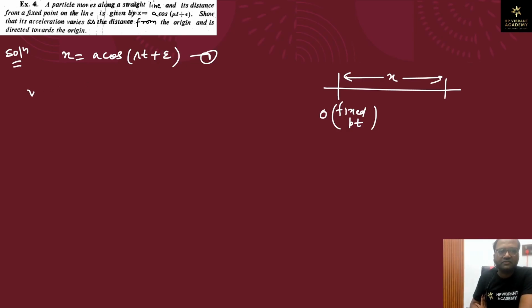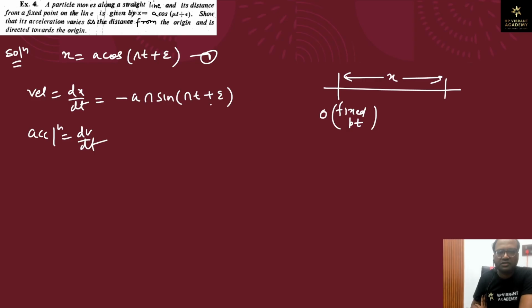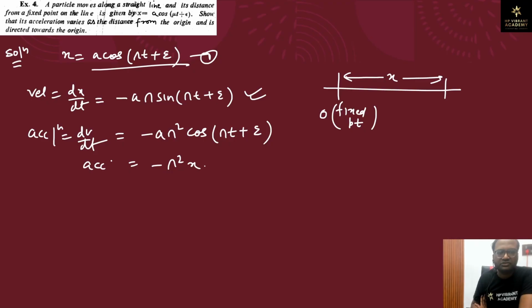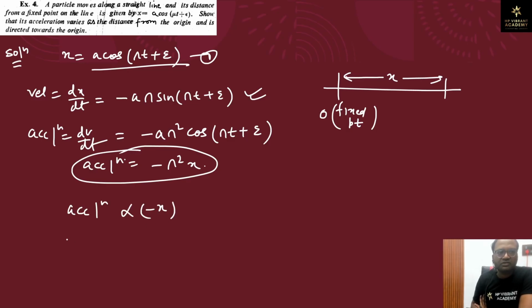So now let us find the velocity. Velocity is equal to dx upon dt is equal to minus a mu sine of mu t plus epsilon, and we have acceleration is equal to dv upon dt. So let us differentiate this once more. So we have this as minus a mu square cos of mu t plus epsilon, and we have x as this particular expression. This is minus mu square into x. This is acceleration. The acceleration is proportional to minus x.